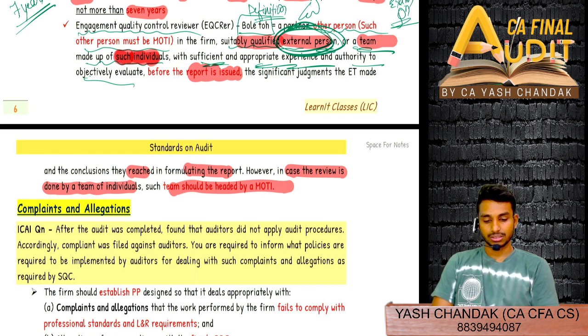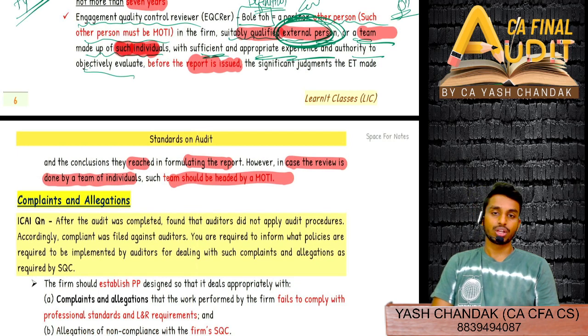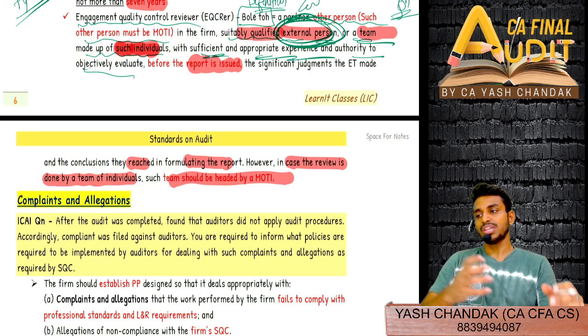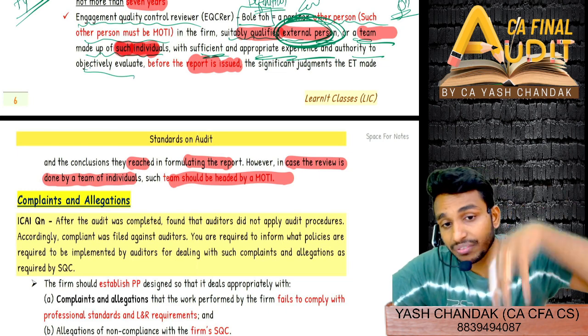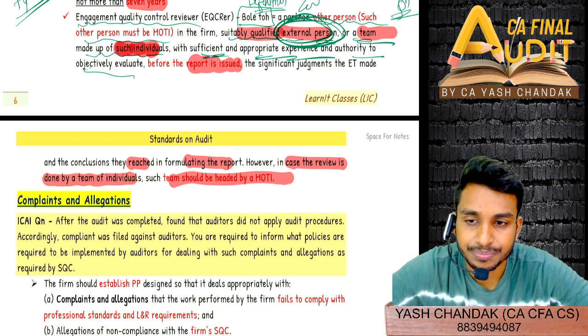EQCRR. So again, a question can come on who can be the engagement quality control reviewer. In one of the ICAI MCQs, I think they have asked this, where they specified one could be a qualified chartered accountant, another could be a CA finalist who has been employed within the firm for 5 years.